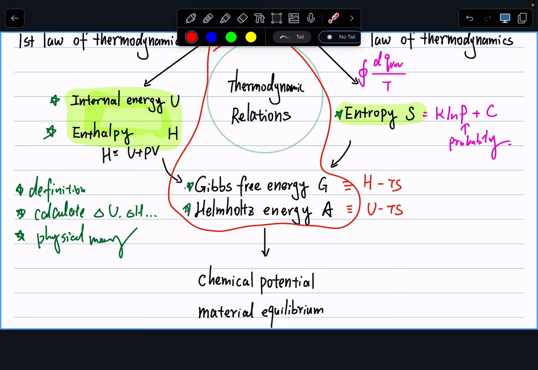Yes? Is this only for reversible changes in entropy? Not necessarily. Now the question is, is this only applicable to a reversible process? So the key point here is, as long as we can build a reversible path for it, because entropy is a state function, as long as my initial and final states are the same, the delta S for a reversible path and an irreversible path will be the same.